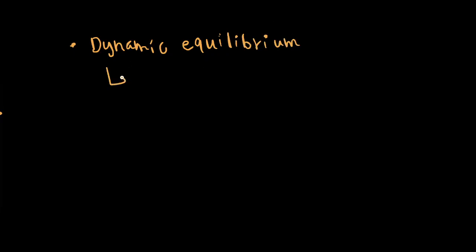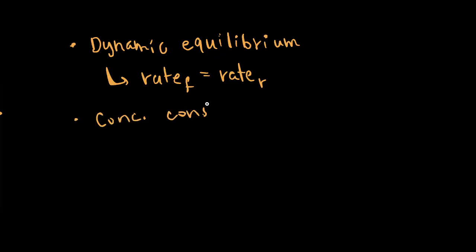So it's at this point that the forward rate, which we call rate sub F, is equal to the reverse rate, rate sub R. Keep in mind that the concentrations here become constant. And this is, again, not because the rate is equal to 0. The rate is not equal to 0.